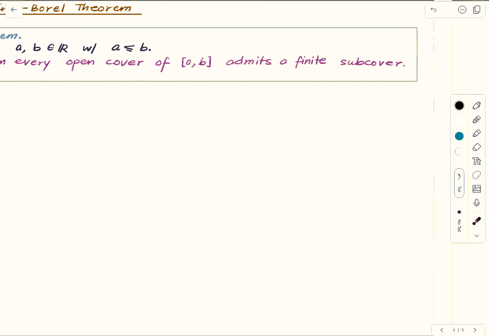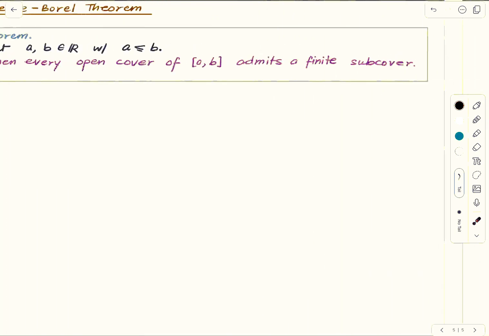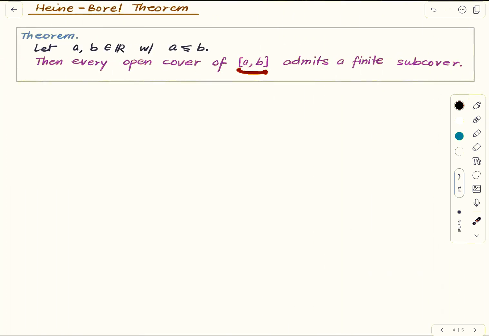Maybe I will not forget to give an example. But anyway, as of now, let's just try to prove this. And if I don't forget, I will give an example where open intervals may have an open cover which does not admit any finite subcover. Okay. So let's prove this. The proof technique is quite interesting.